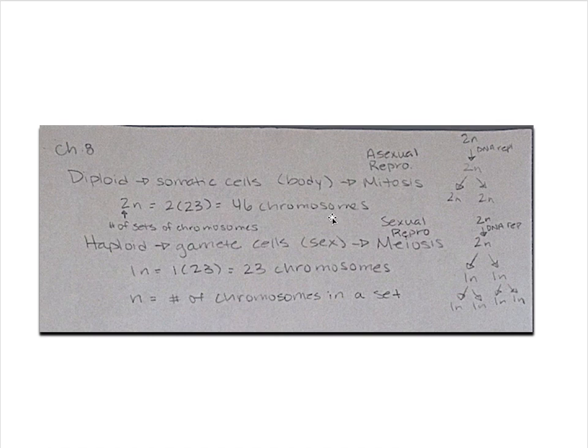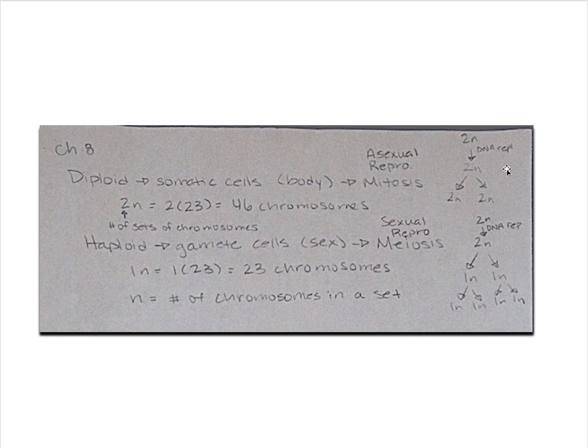And then for mitosis, a summary is that we start off as diploid, and then we undergo DNA replication because each cell will need its own sets of chromosomes. After DNA replication, we still have that diploid number, so we'll have 46 chromosomes.